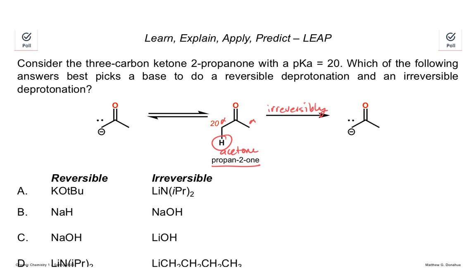If we want to irreversibly deprotonate it, where we're only forming that carbon anion, what base would we use? To the left, we're still forming the same base, but now this is reversible. So pay attention to those arrows. If we want to irreversibly deprotonate acetone, we have to use a very strong base.